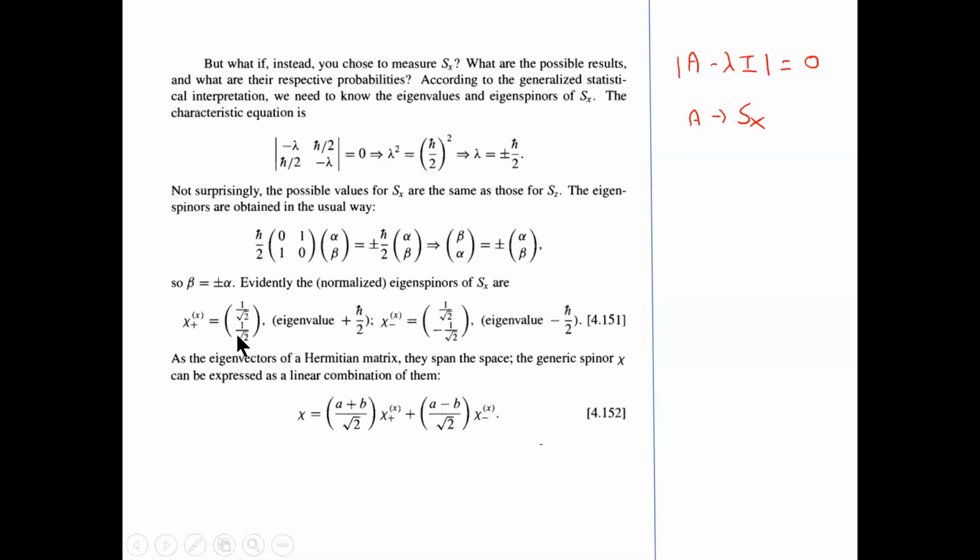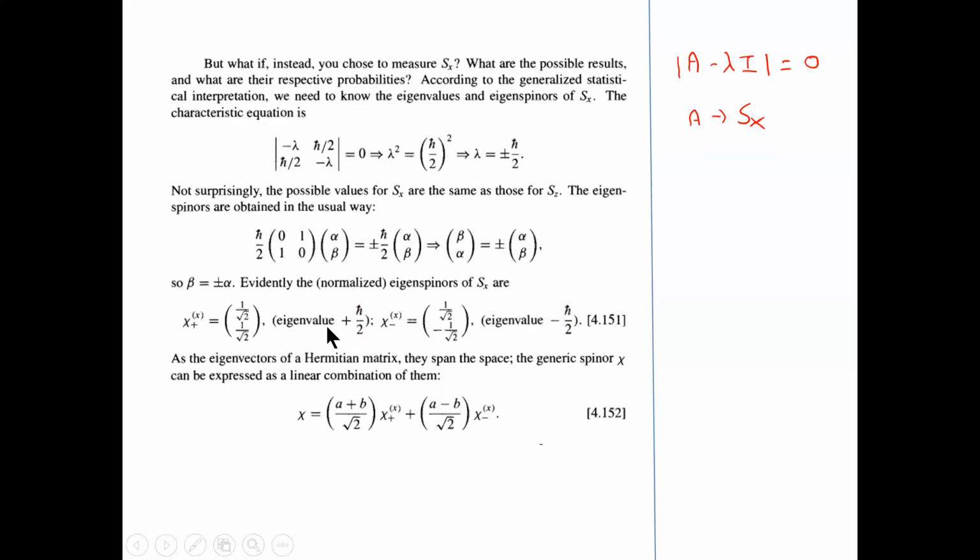So you find the eigenspinors for the plus ħ/2 case, the one given here, and for the minus ħ/2 eigenvalue you get this eigenspinor here. This is chi minus, and this is chi plus.